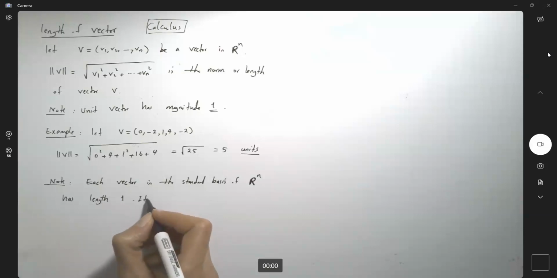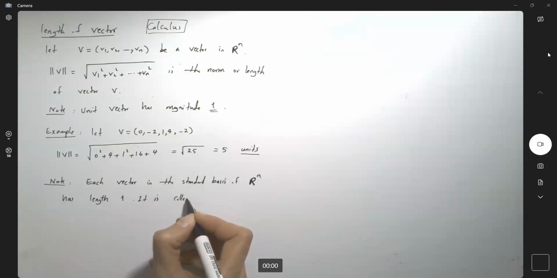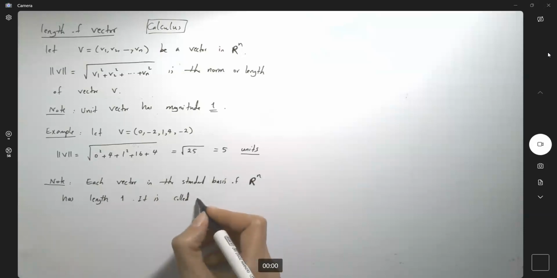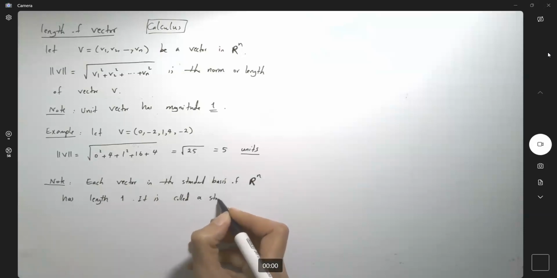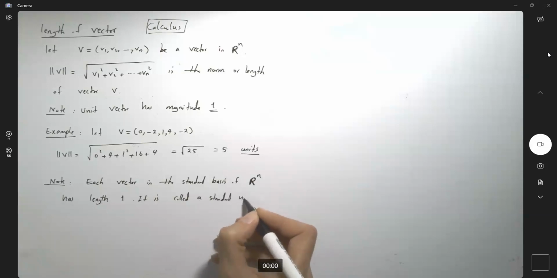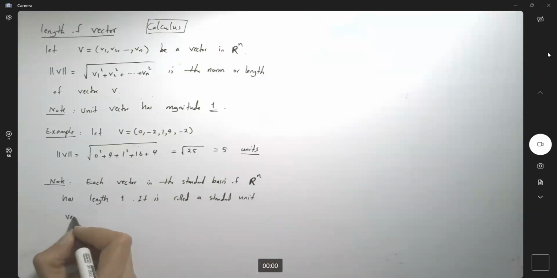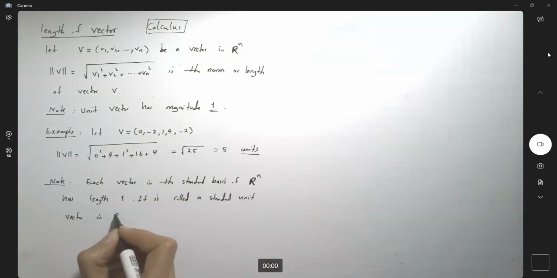It is called a standard unit vector in Euclidean space Rn.